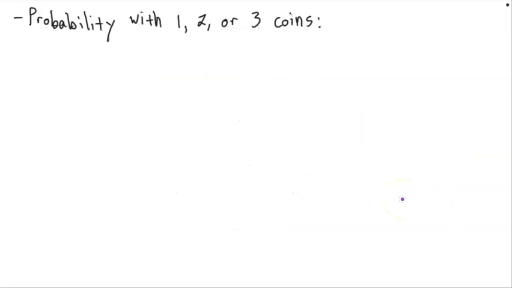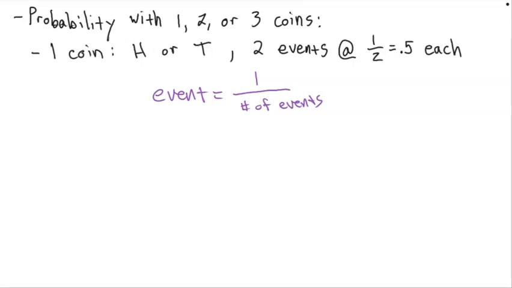And so now when we want to identify the probability of each one of these outcomes, basically what we want to do is each event, okay, so each event is going to basically be 1 over the number of events. Okay, so we know that with 1 coin, it's either heads or tails. That's only 2 events.